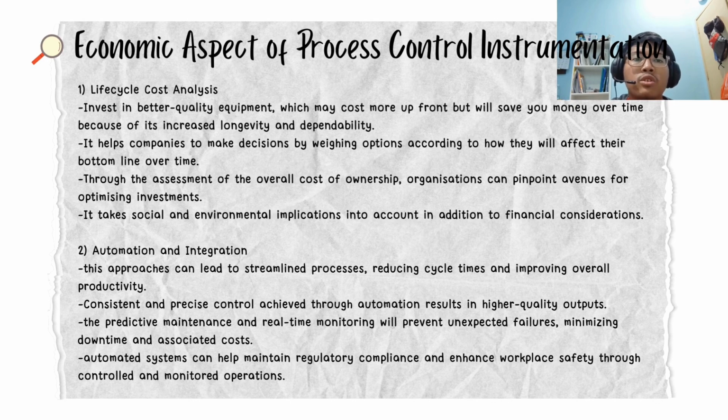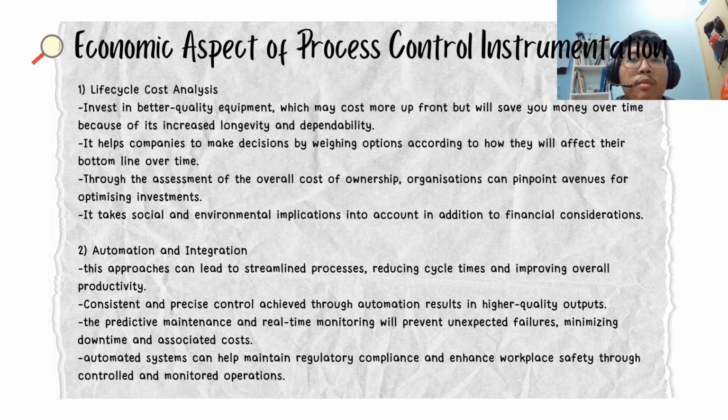The next approach that I want to explain is the automation and integration method. This approach can lead to streamlined processes, reducing cycle times and improving overall productivity. With this method, consistent and precise control can be achieved through automation, resulting in higher quality outputs.